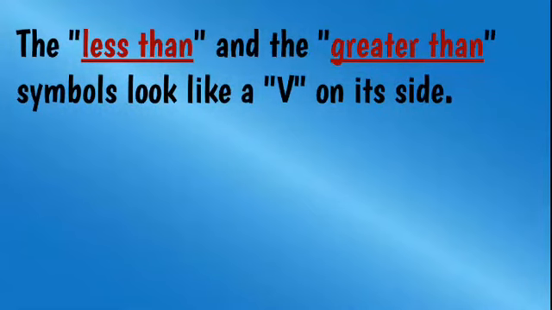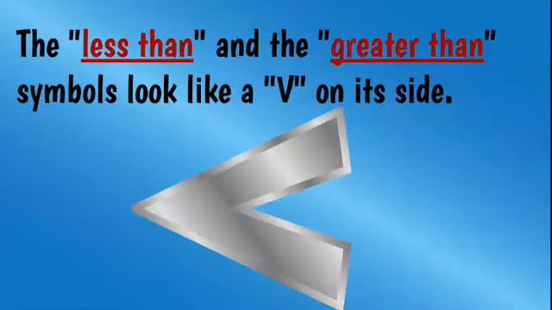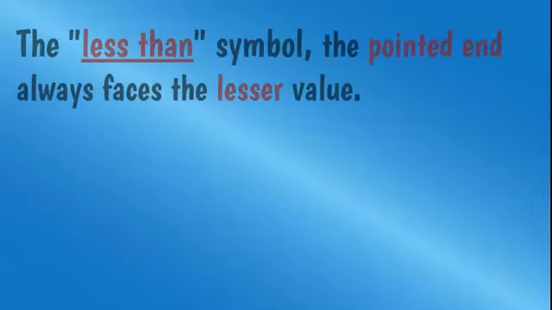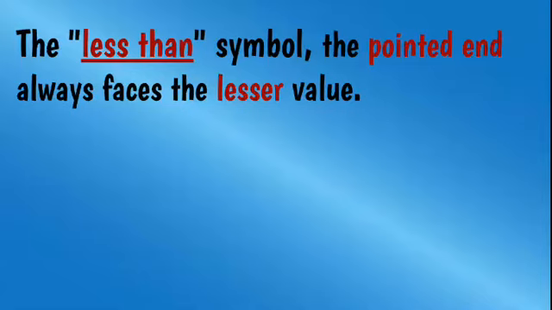The less than and greater than symbols look like a V on its side. To remember which way the less than and greater than symbols face, just remember one, we always read from left to right, and two, the less than symbol, the pointed end always faces the lesser value.